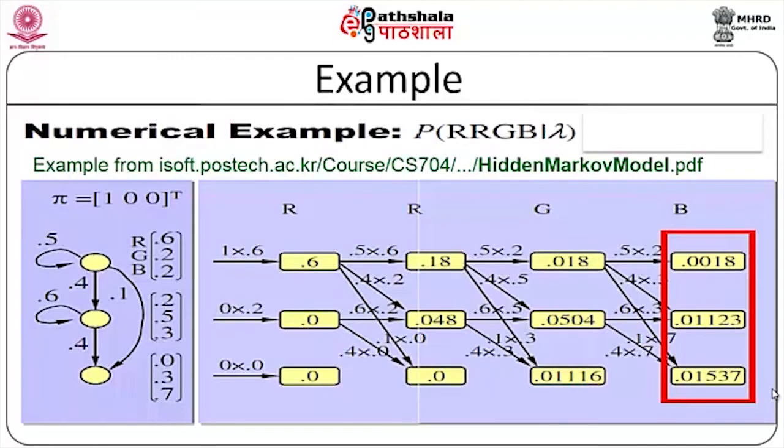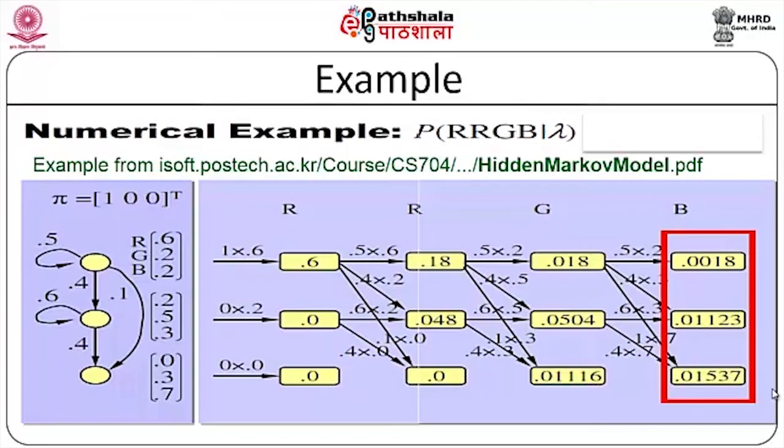Now, please note that in the first one there is no summation, but in the second and third, the 0.048 value is a summation of the 2 values that you have got, that is from 1 to 2 and 2 to 2. And similarly, the third one, though it is 0, is 1 to 3 and 2 to 3. Like that you take a summation and multiply by the probability.